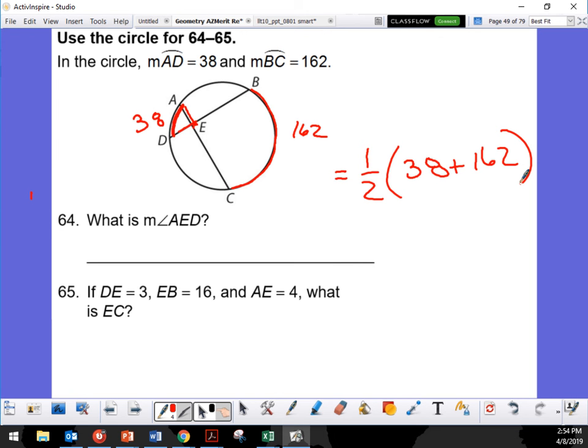If it's on the outside, it's big minus small. Add them together if it's crossing on the inside. Put those together, what do I get? 200. Half is 100. So this one is 100 degrees.